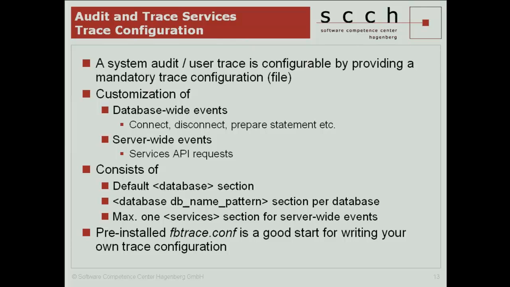A trace configuration can have a default database section, which is valid for any forthcoming database which has a pattern. This pattern is a regular expression following the SIMILAR TO predicate introduced in Firebird 2.5, which allows you to specify which databases you want to be included in the trace.